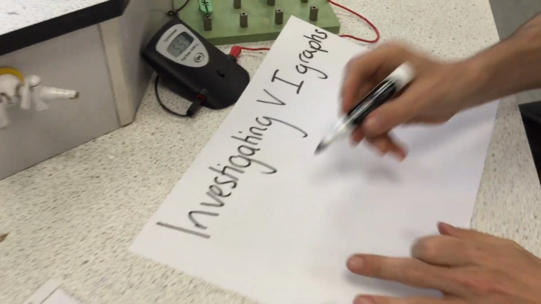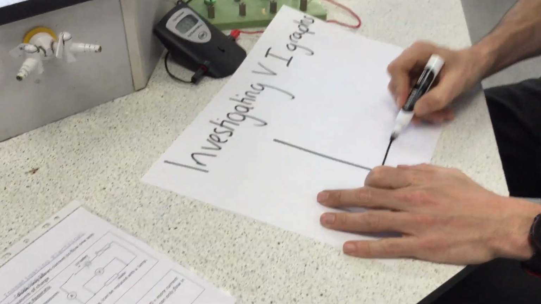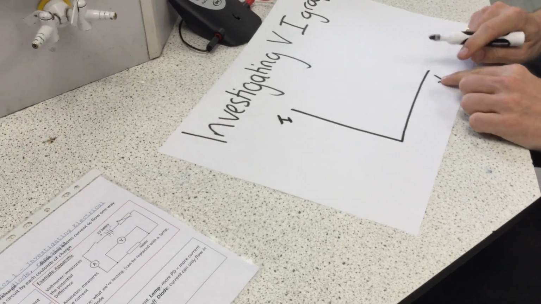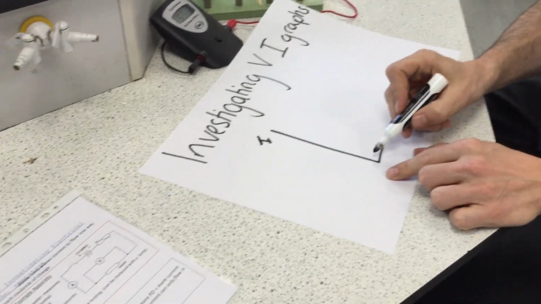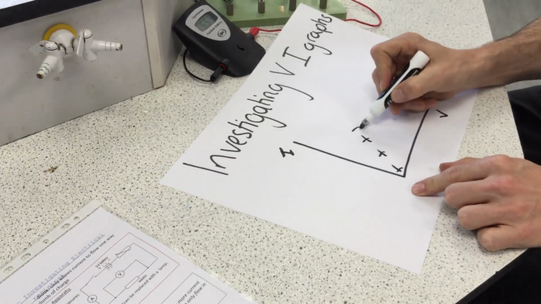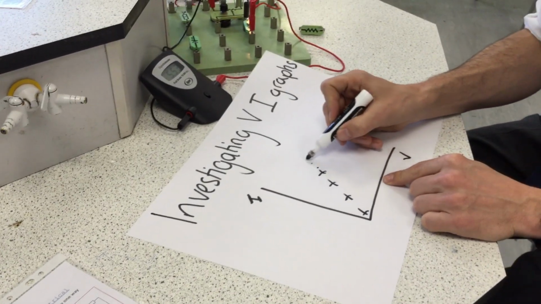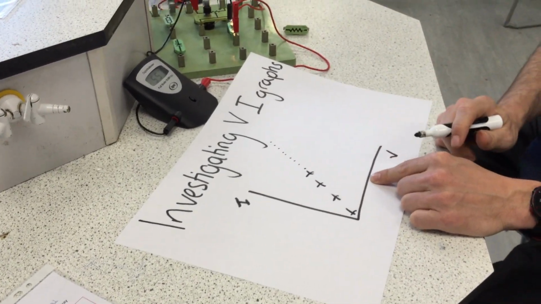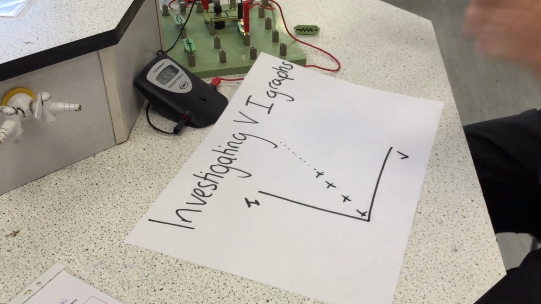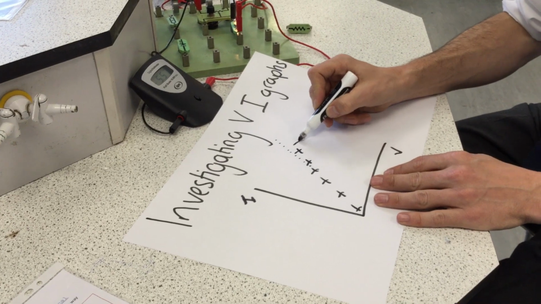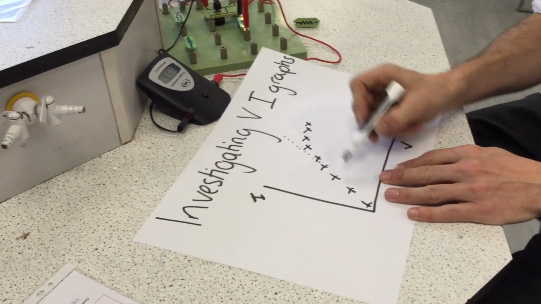So what we end up with is, I'll grab myself a piece of paper quickly. If I try to do the same again this time, and I plot my graph of voltage against current, it should be the case that the harder I push them, the faster they flow. And that works fine until the light bulb gets hot. When the light bulb gets hot, instead of the results increasing like they should do, the extra resistance stops the electrons from flowing, and as a result, the graph starts to level off.